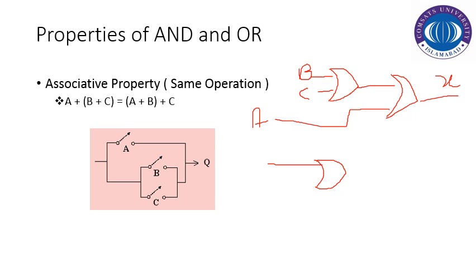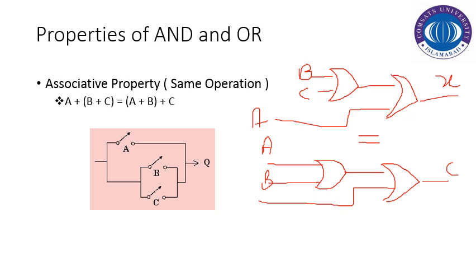So I'm drawing in a bit of a hurry, so my drawing is not the exact symbols, but you have to use the exact symbols. So if I OR A with B and then OR the result with C, so these two things are equal.